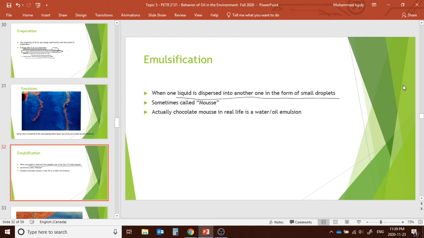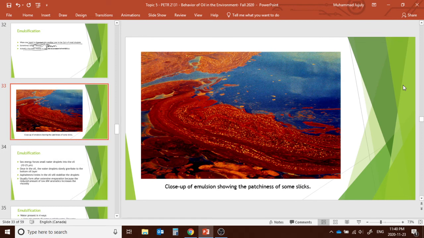What happens is it creates something like a mousse, a foamy type of emulsion, just like chocolate mousse in real life. Chocolate mousse is actually a water and oil emulsion. The very same thing, like whipped cream. So this is what an emulsion looks like.